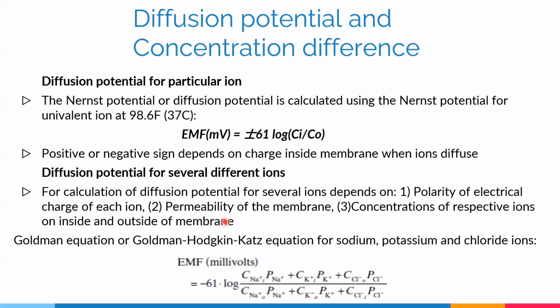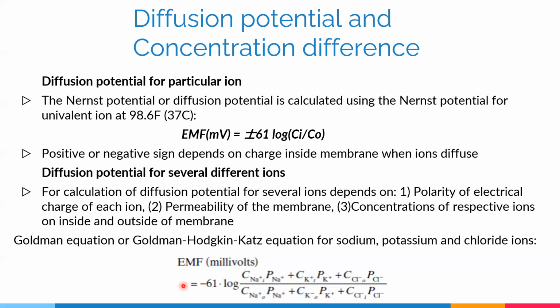Thus, this equation also gives us how this permeability difference plays a role in the overall calculation of the diffusion potential. And finally, the concentrations of the respective ions inside and outside of the membrane are also very important.